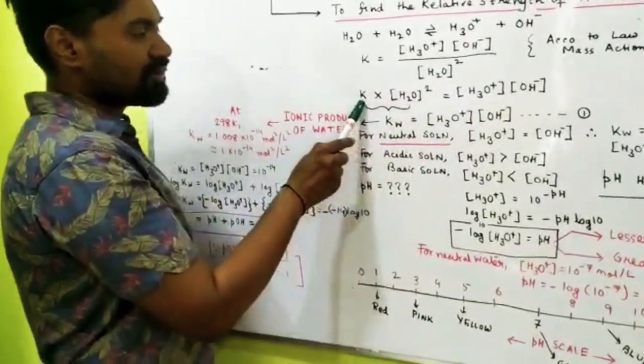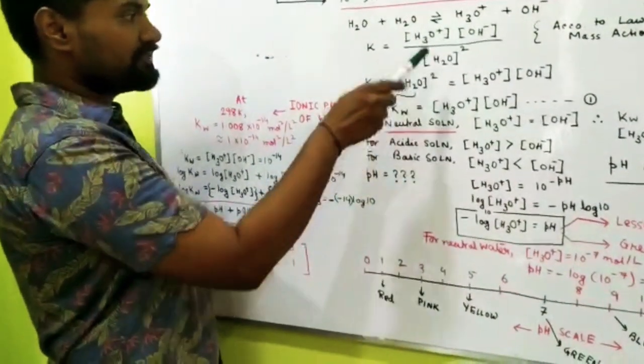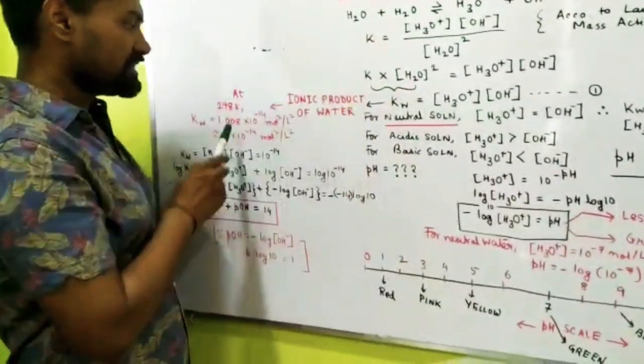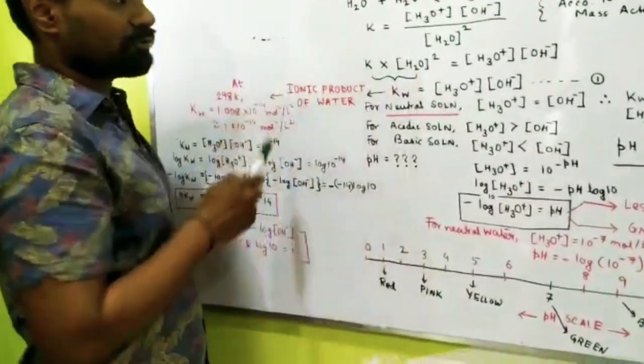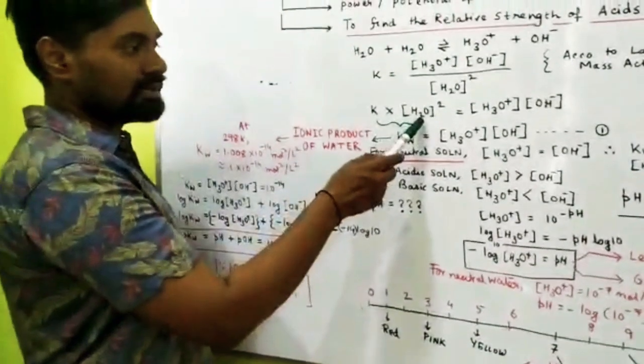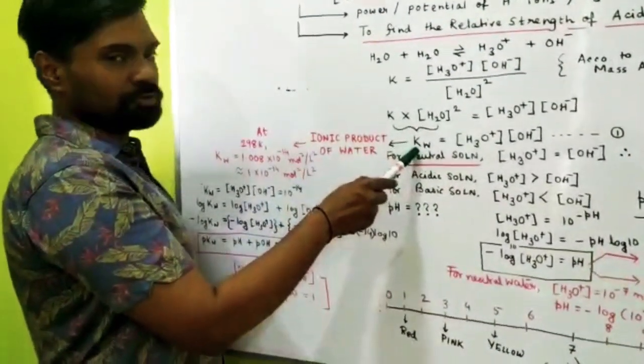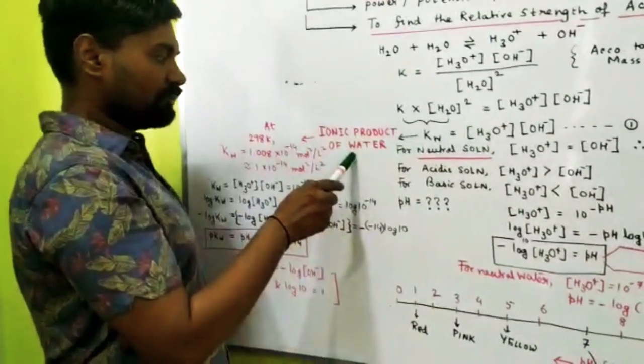Since K is a constant, and the concentration of water at 298 Kelvin, the entire thing is taken at 298 Kelvin, the concentration of water is 55.5 moles per liter. So it is quite high. That is multiplied by K and we get Kw, which is called the ionic product of water.